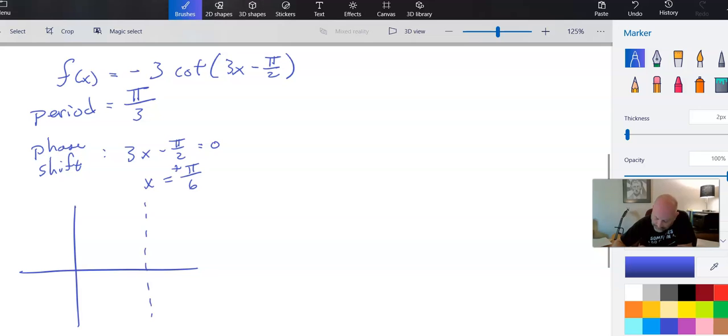Now, cotangent runs between 0 and pi as far as what's graphed between asymptotes, which means it does this business. And this would be at pi over 2, this would be at pi over 4, and this would be 3 pi over 2. It's still taking that period of pi and breaking it into quarters.